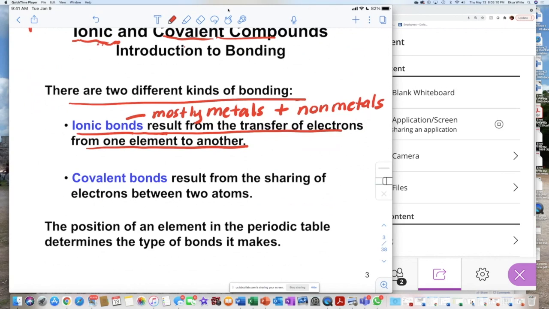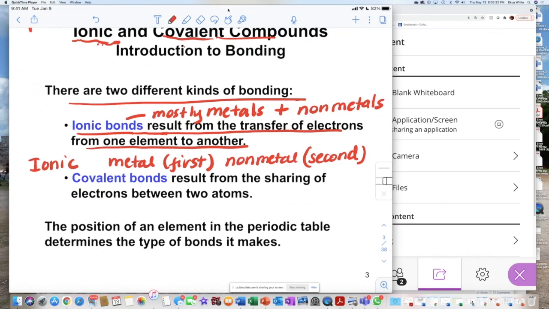For the most part, when you see ionic compounds or ionic bonds being formed, we see the metal first, okay, and then the nonmetal second.